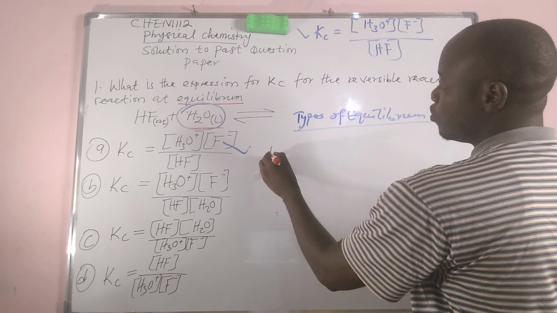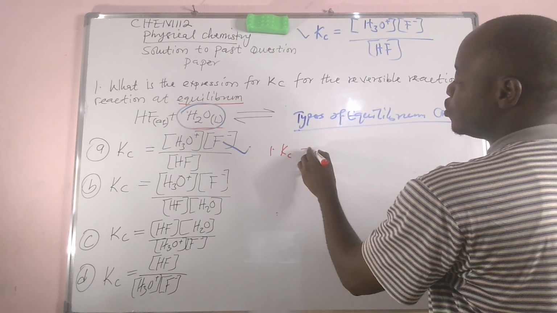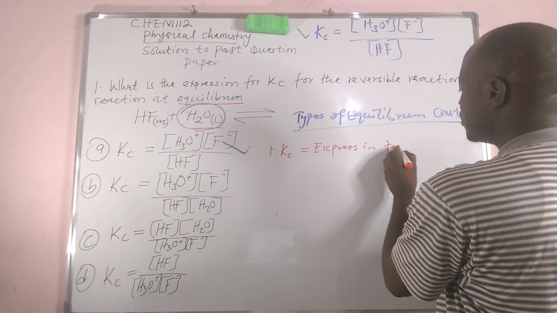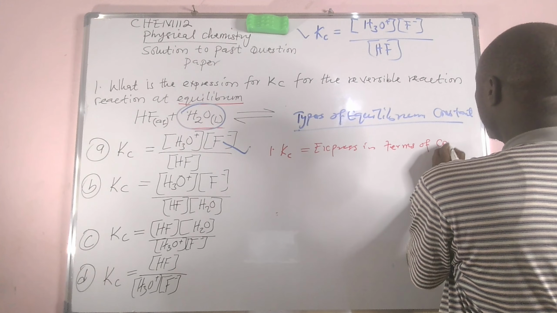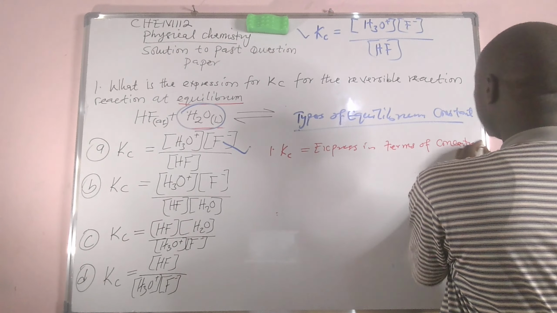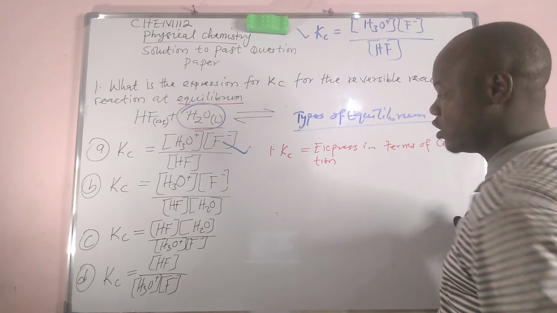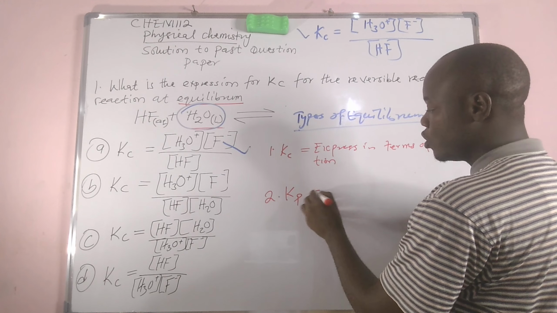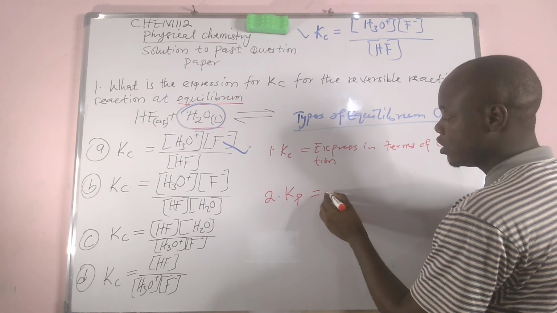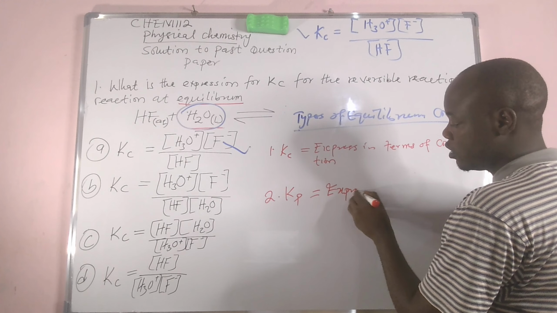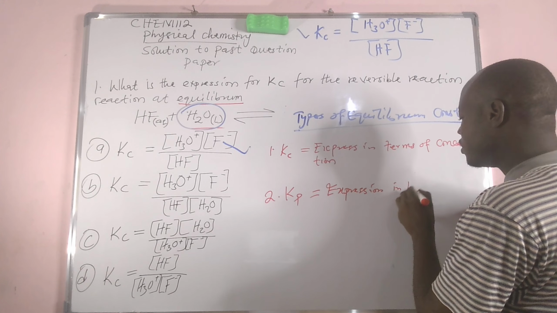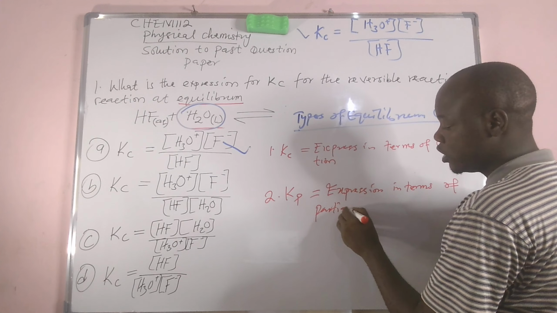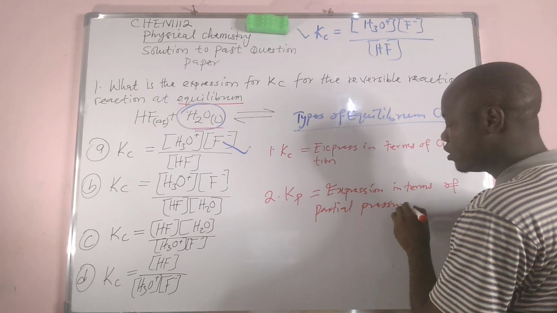Number one, we have Kc, which is usually expressed in terms of concentration. And then number two, we have Kp, which is usually expressed in terms of partial pressure.